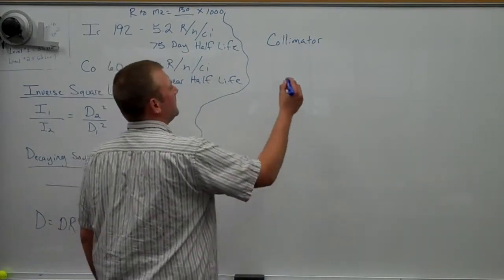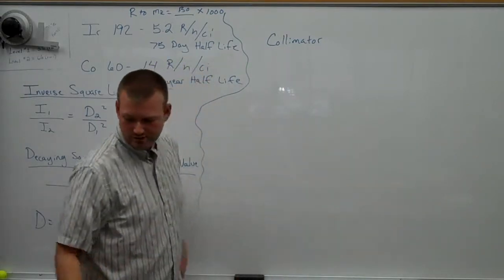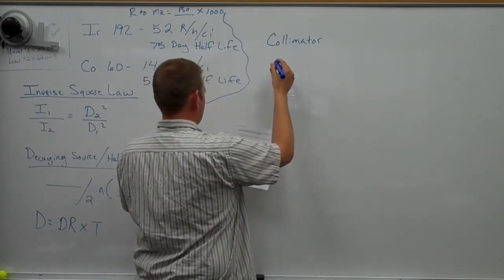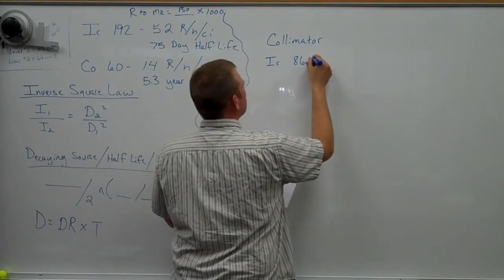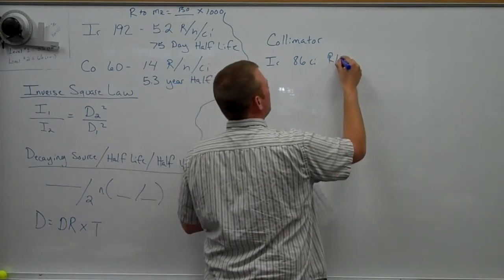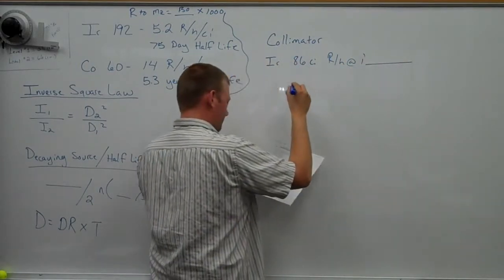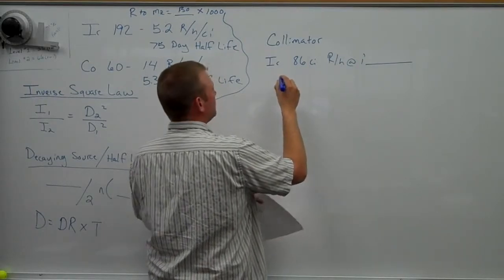So let me write that down here: iridium, 86 curies. It wants to know Rankine per hour at 1 foot, and then it wants to know Rankines per hour with a 2-inch collimator.